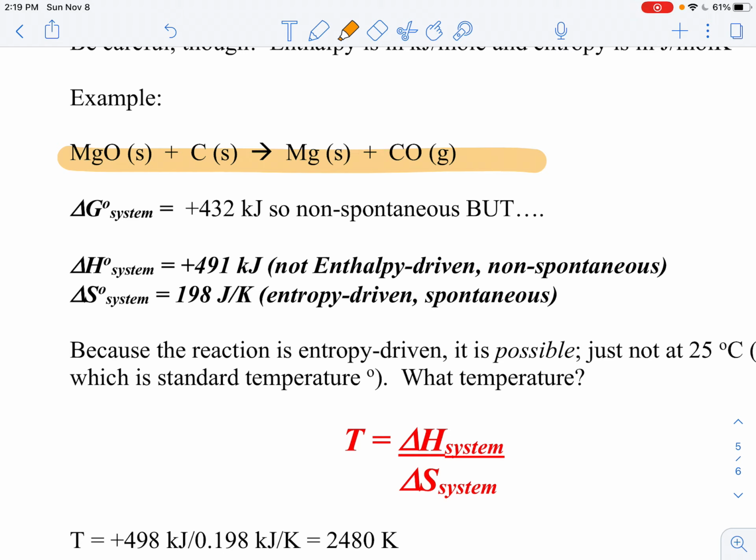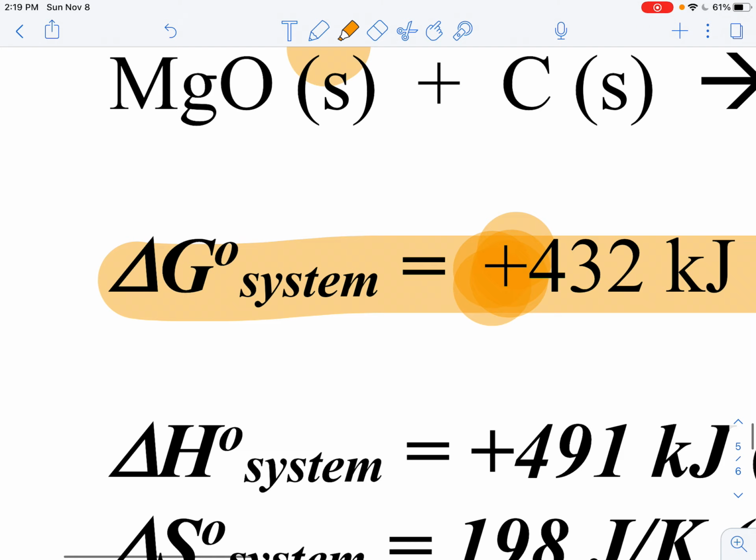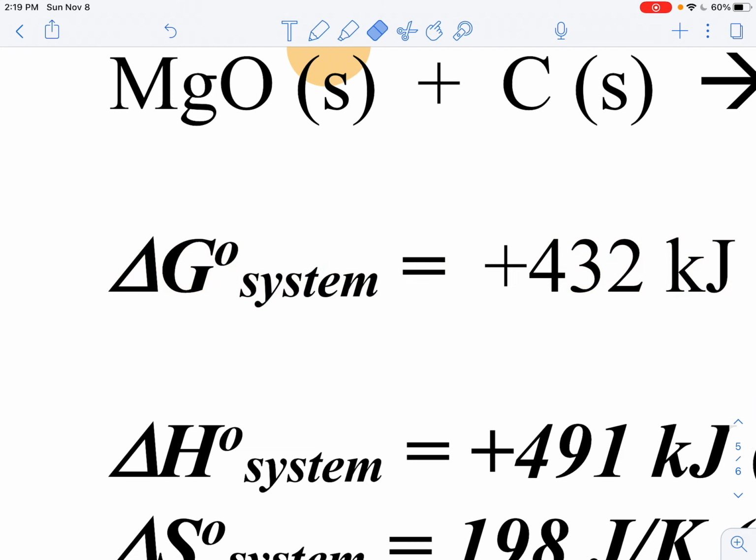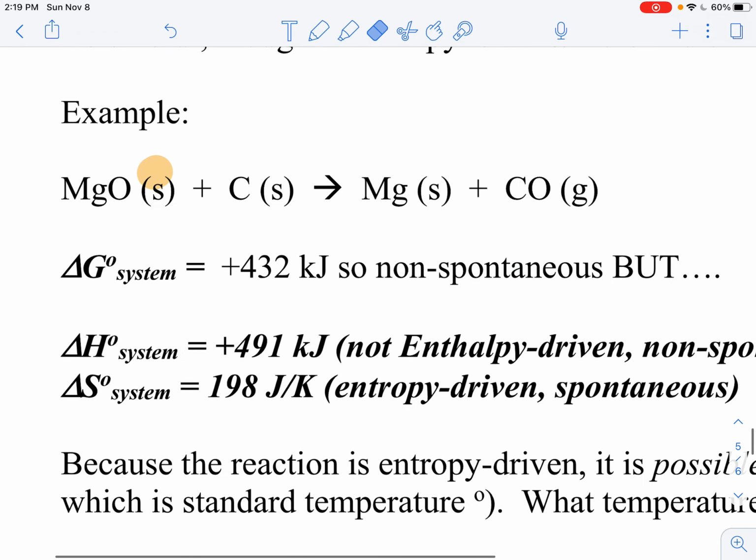Here is an equation. Magnesium oxide plus carbon goes to magnesium plus carbon monoxide. If I just go ahead and calculate the delta G of the system, it's positive 432 kilojoules. So it's non-spontaneous. But that is at 298 Kelvin. That's what that little symbol here means. But might this be able to be made spontaneous? Well, check it out.